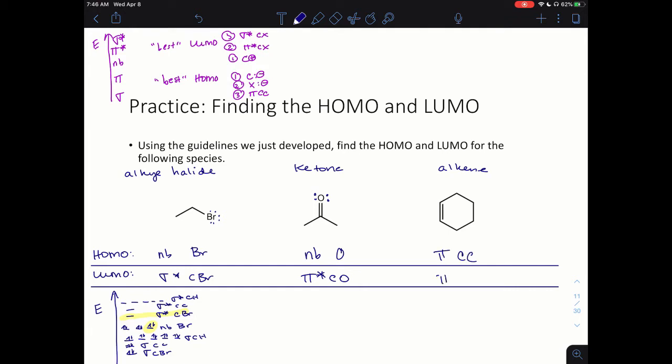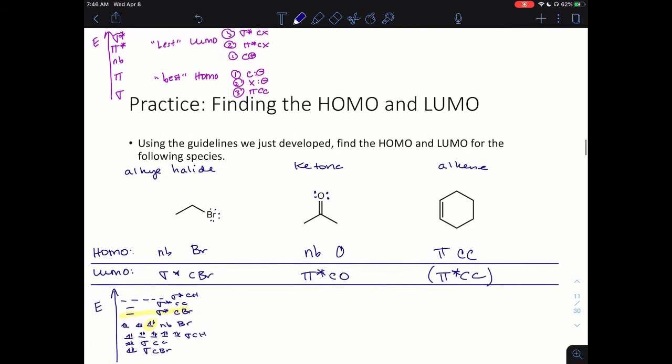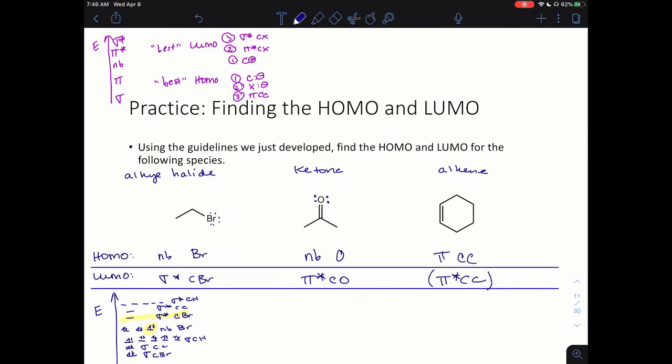And then the LUMO would be pi star CC. Now, of course, I mentioned pi star CC is not a great LUMO. So what would that tell you? That would just tell you maybe it's not going to react. And that's useful information. Okay, so you should be able to find the HOMO and LUMO of a molecule by looking at it. Again, the hard way, which you've already done, is drawing complete MO diagrams. Easy way is to keep this in mind.